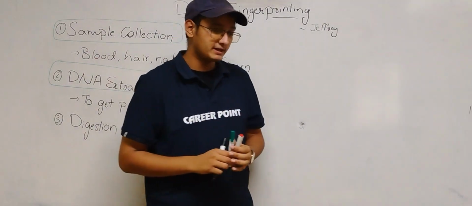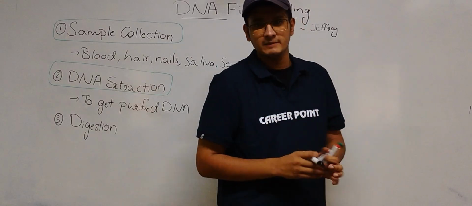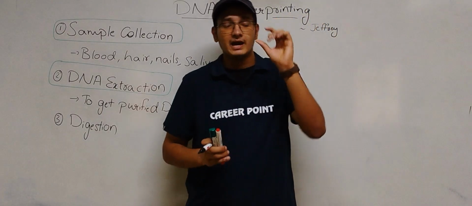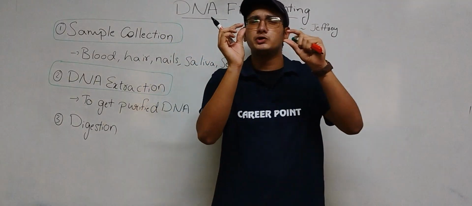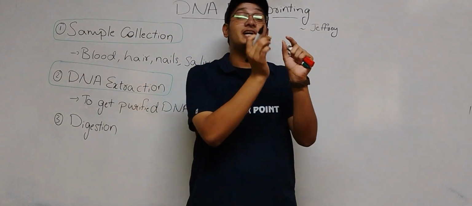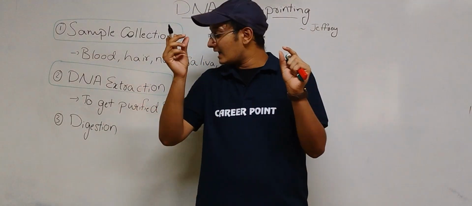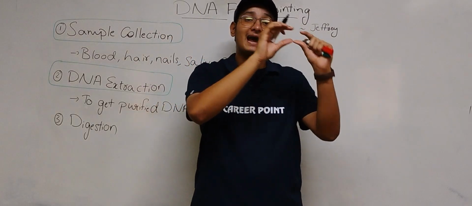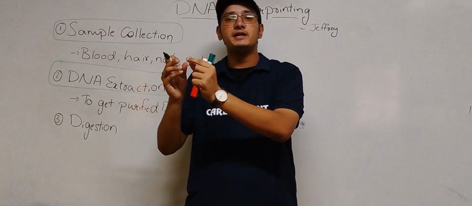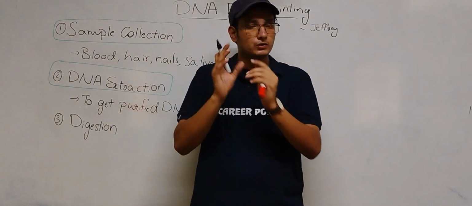It's not purified DNA; still it has some other things. So now we got the DNA and we kept that in an MCT, a small tube. To that MCT, we will add an enzyme called a restriction digestion enzyme. We will incubate it at a certain temperature for a few hours.